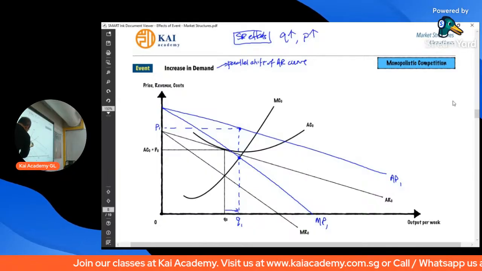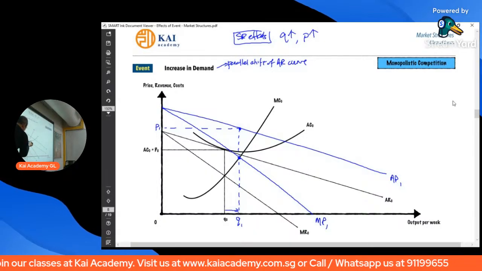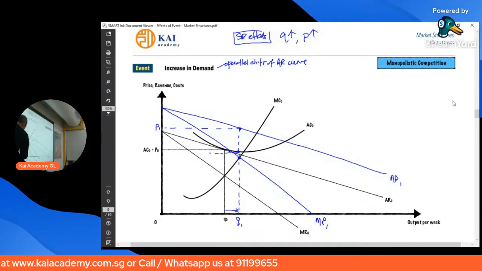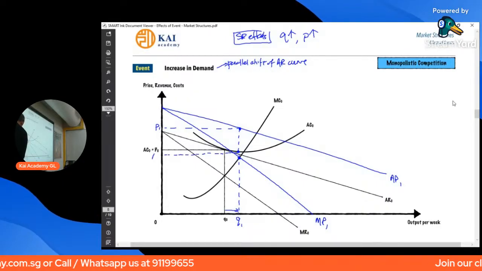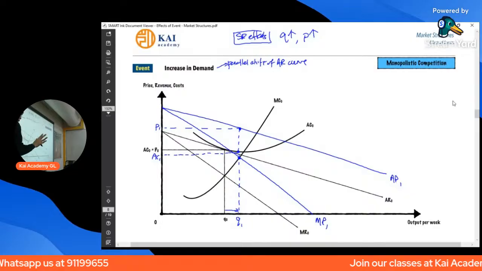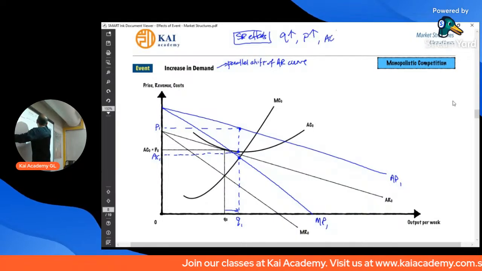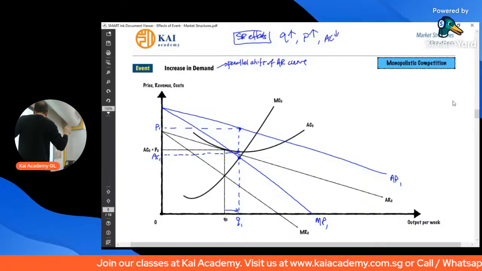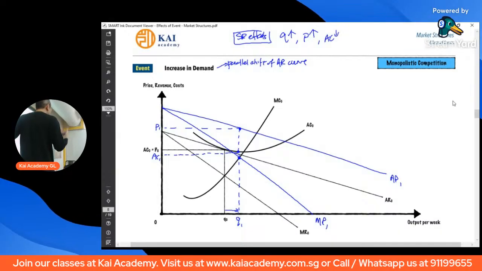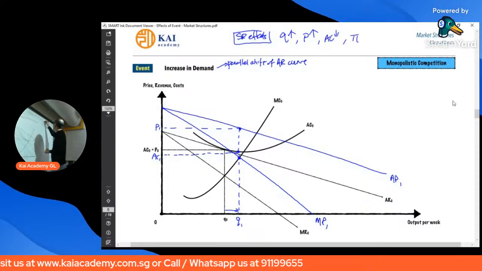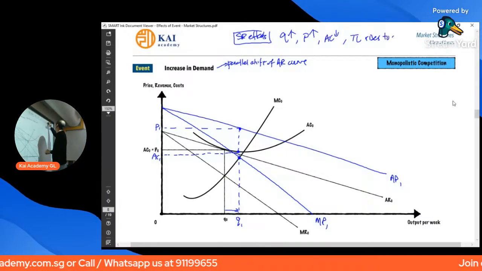Now watch, please. Because Q is rising, the firm will produce further to the right, so normally we will have a lower average cost. So AC falls. Not a shift, not the curve shifting, it's just at a lower point on the AC curve. Now, can you tell what happened to profit? Obviously, profit goes from normal profit to supernormal profit, right? So profit rises to supernormal.